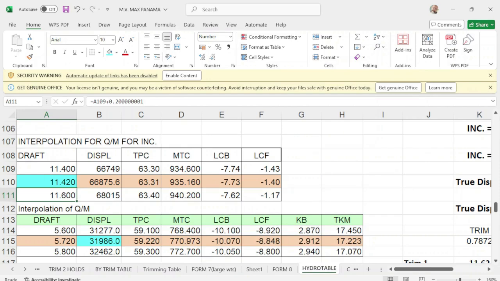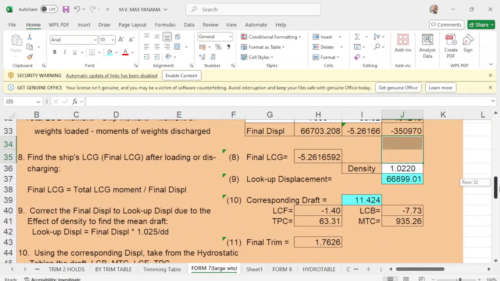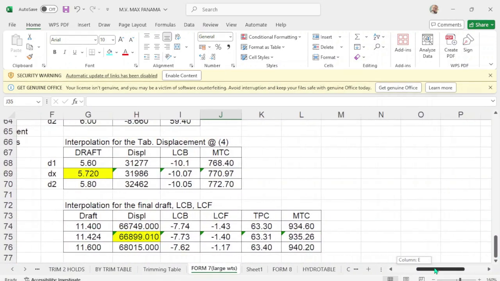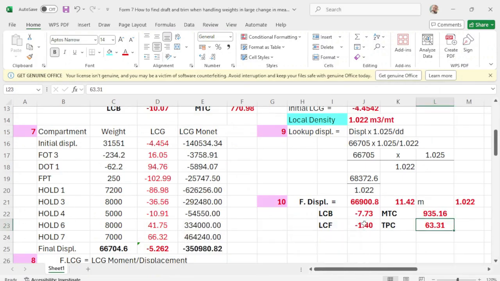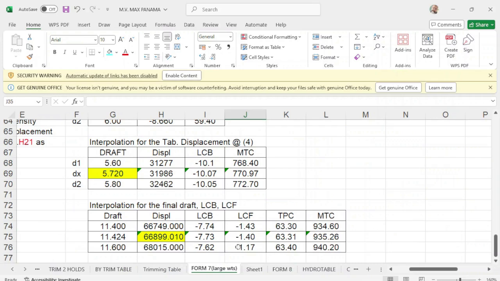But you can check it here down. 11.42. Your LCB is negative 7.73. Okay, correct. LCF is negative 1.4.